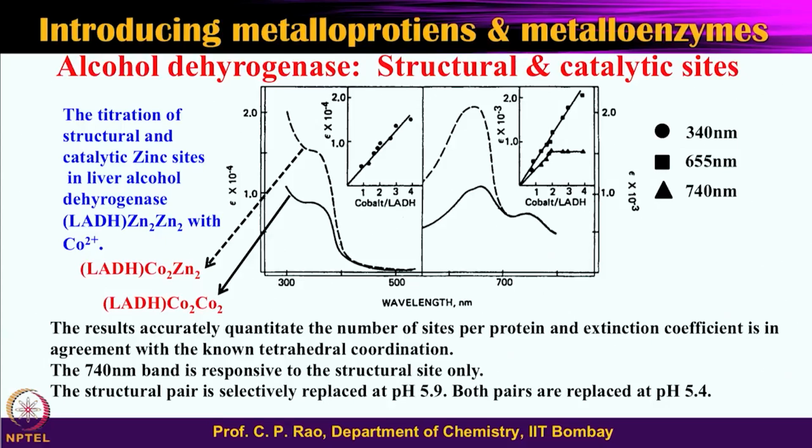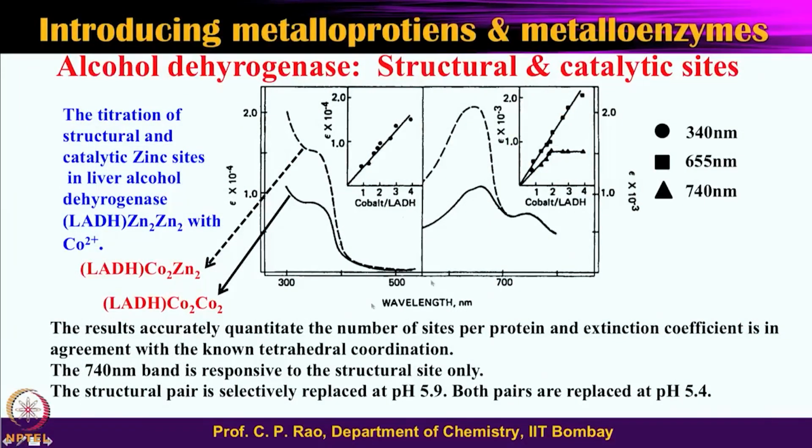When it goes to octahedral, then the epsilon values will be very, very low. So, from that you can say whether there is any change in the geometry of the center or not, that can be identified, understood too. Now, here you can see the 740 band, okay. So, the intensities of these bands are plotted over here.